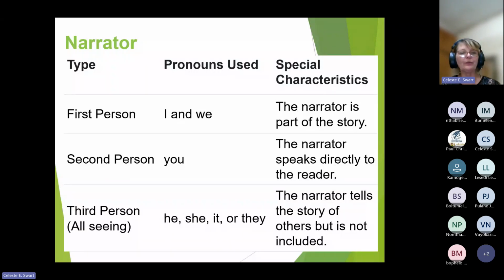The third person, we often speak of the all-seeing one, and that is when they tell you everything, they fill in everything, because they're not just telling you from one perspective. You're getting this idea of things that happen, or things that they know, that they're sharing with the reader, that the character doesn't know about. And that's very exciting, because then you know more than the character knows.